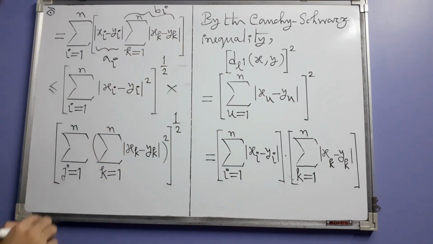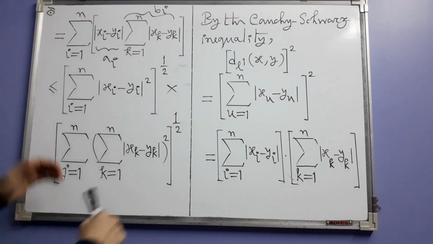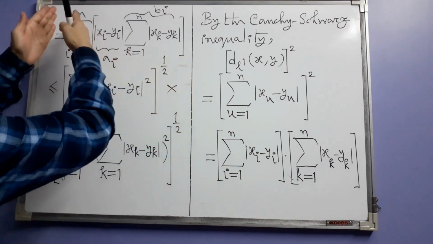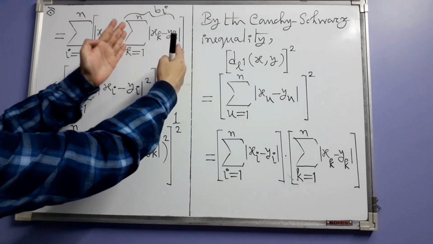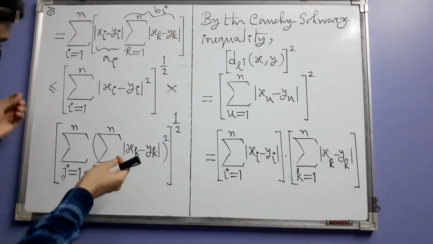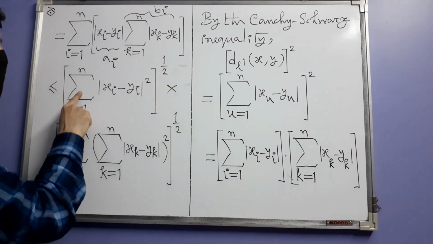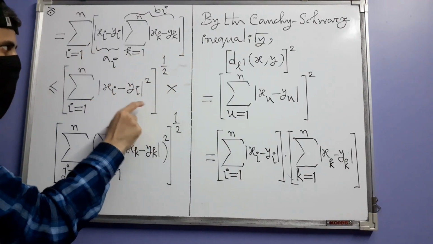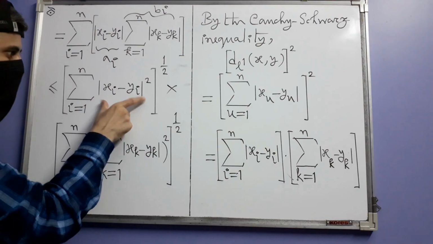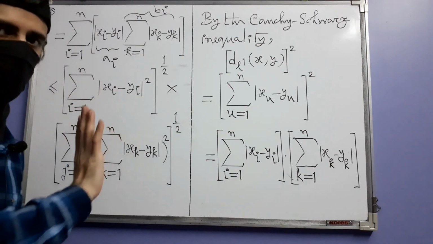So according to the Cauchy-Schwarz inequality, what shall we then get? The absolute value of summation ai bi is less than or equal to the square root of summation ai square, so the ai's are this, so we have the square. This part is less complicated.